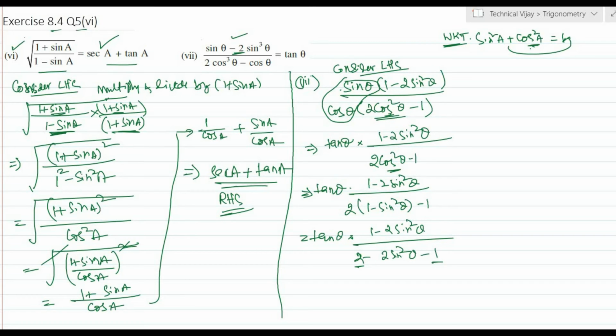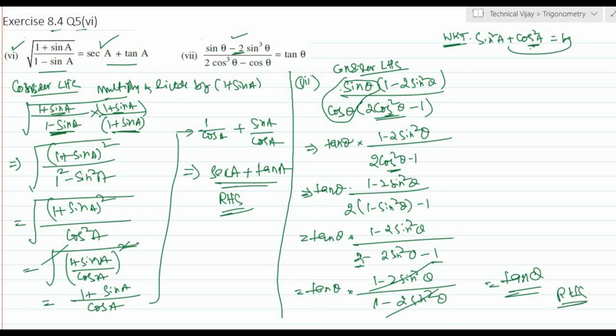So 2 minus 1 will be 1 only, that is tan theta into 1 minus 2 sin square theta divided by 1 minus 2 sin square theta. So this and this get cancelled. So remaining will be tan theta. So this is equal to RHS. Okay. So we will go for the next one.